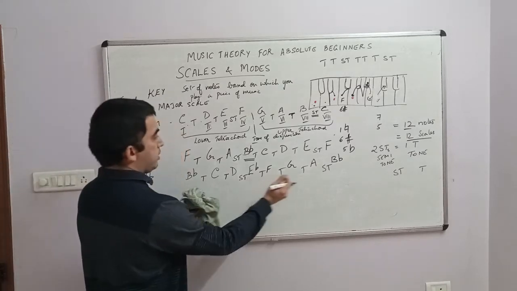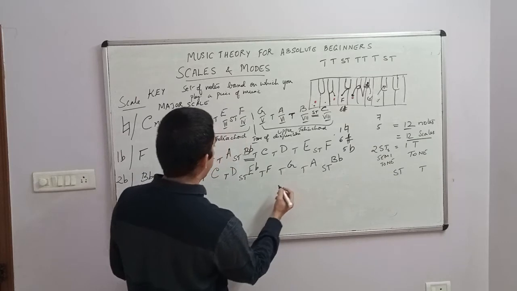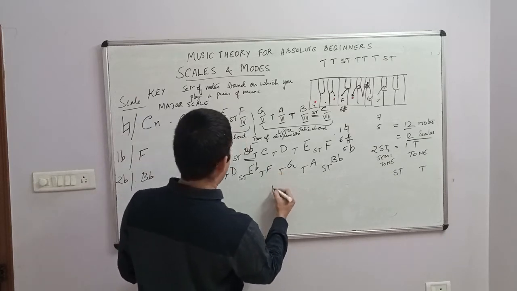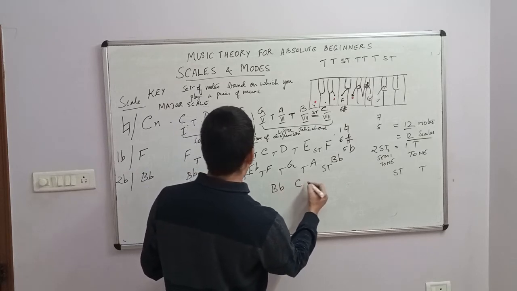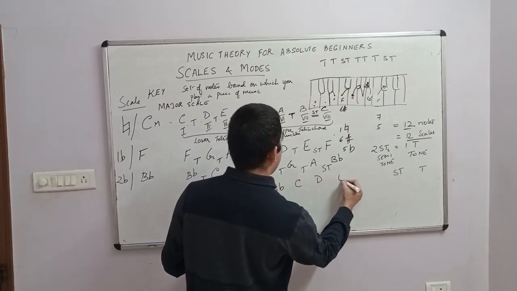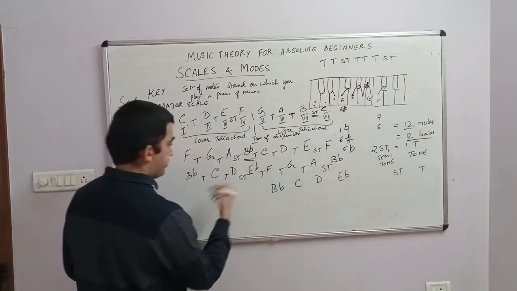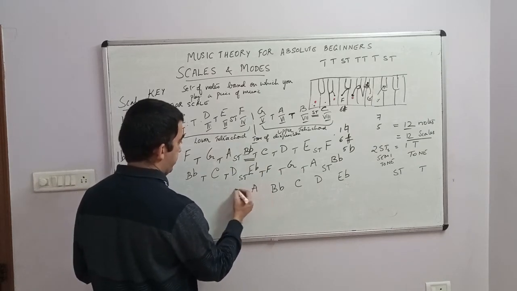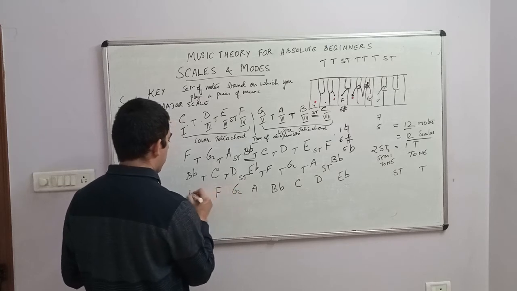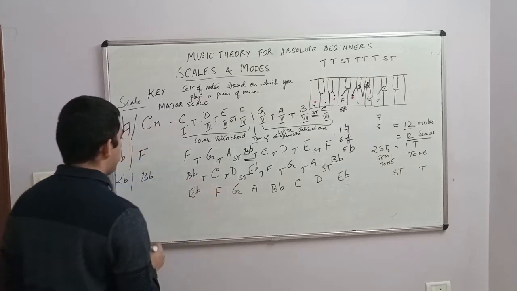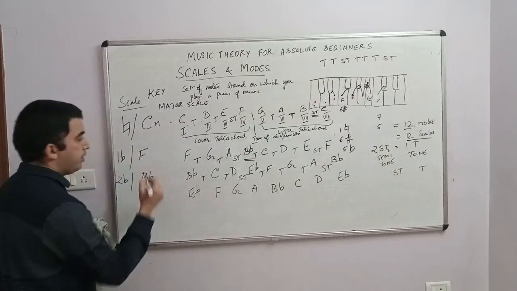Again, take this lower tetrachord, bring it up, right? Start from B flat, C, D, E flat. Go backwards, A, G, F, E flat, right? This is the E flat scale.